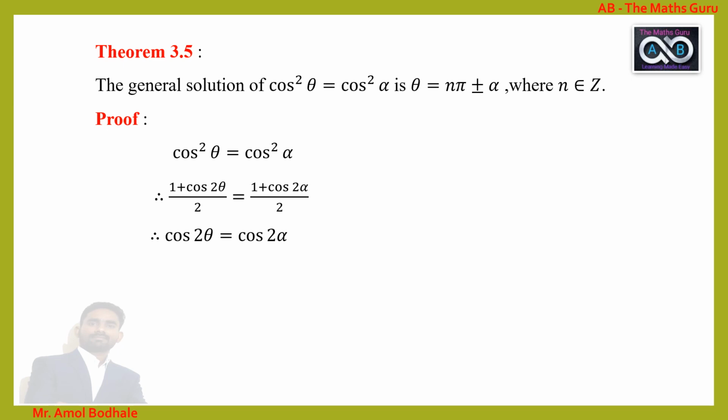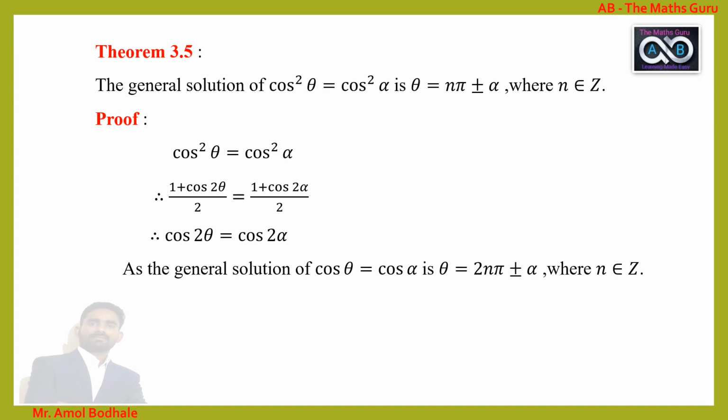So again we can use the previous theorem that the general solution of cos theta equals cos alpha is theta equals 2n pi plus or minus alpha. Here theta is exactly 2 theta and alpha is 2 alpha. We will replace theta and alpha by 2 theta and 2 alpha.